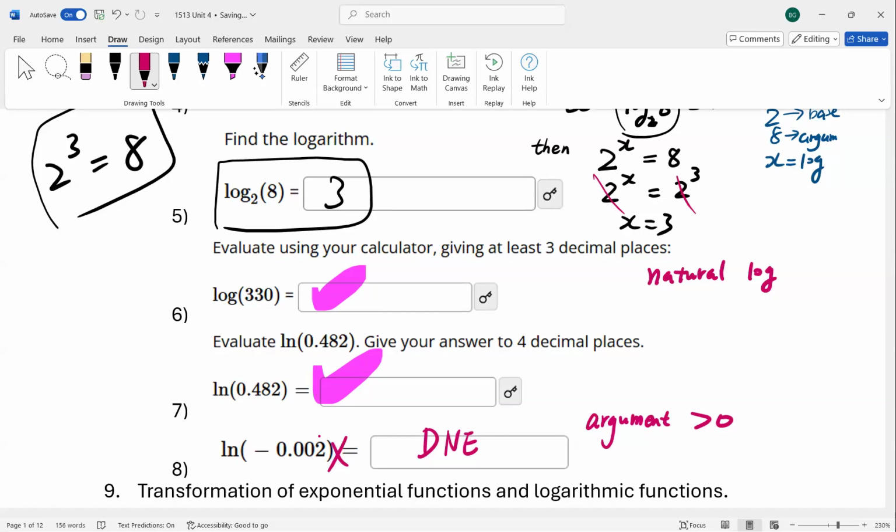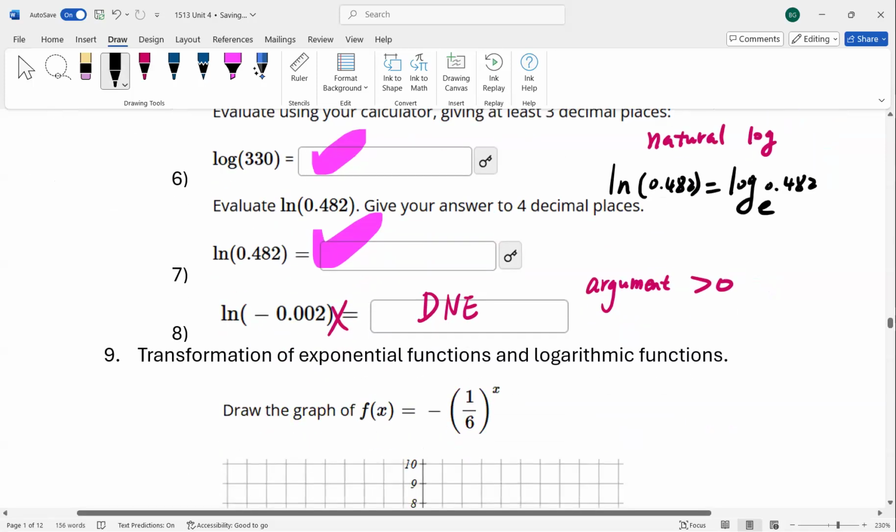Now let me introduce the natural log. Natural log has base e. So when you see ln, let's say ln 0.482, that actually is log with base e of 0.482. And what is e? E is the famous Euler number.